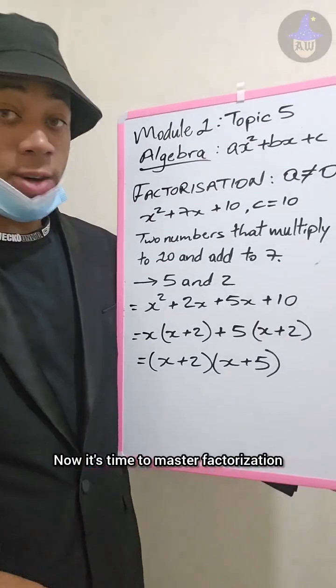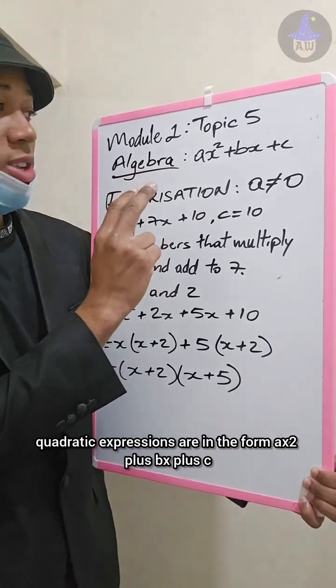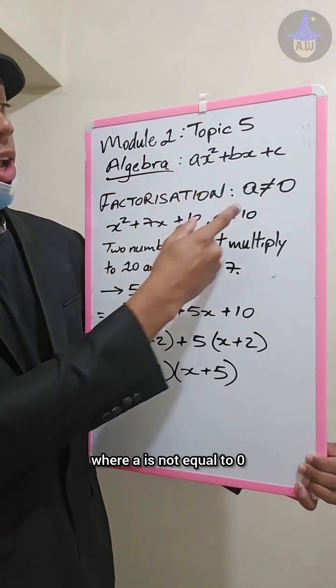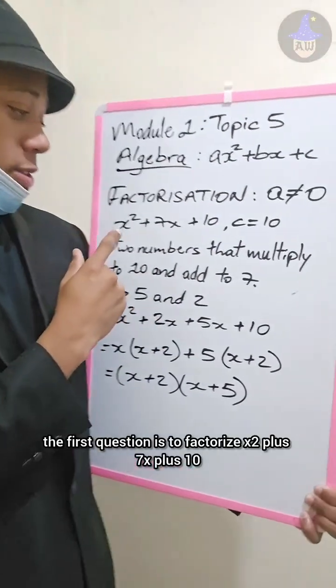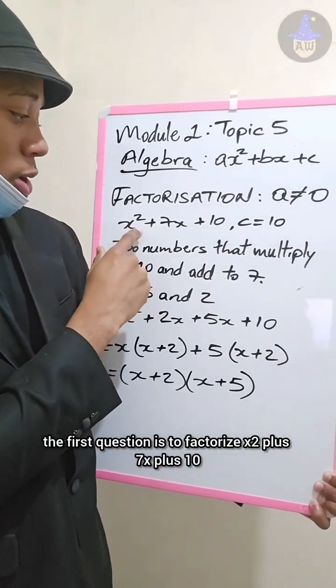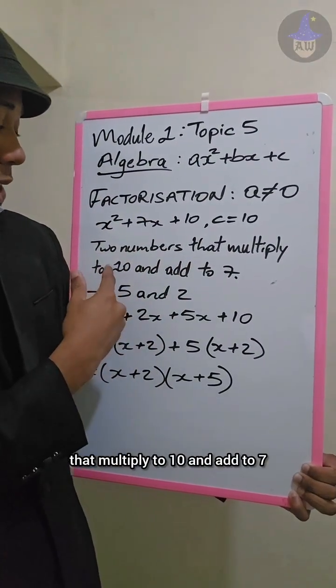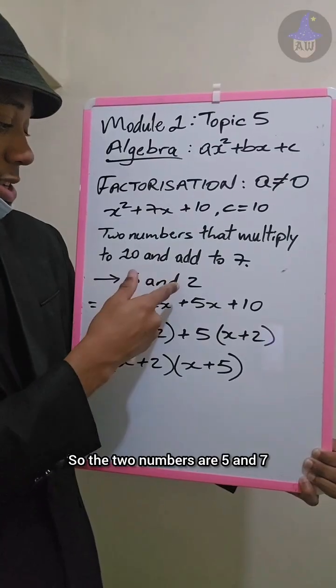It's time to master factorization. So, quadratic expressions are in the form ax squared plus bx plus c, where a is not equal to 0. So the first question is to factorize x squared plus 7x plus 10. We have to find two numbers that multiply to 10 and add to 7. So the two numbers are 5 and 2.